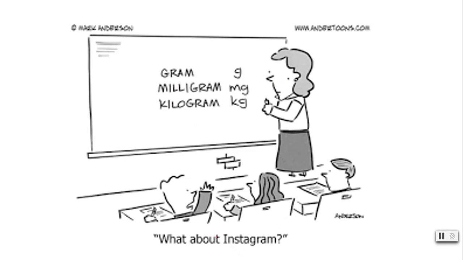Okay? So those powers of 10 on the SI prefixes are going to be really important to use when expressing measurements and when doing calculations with measurements. And we're going to be doing calculations with measurements and units in the next video.